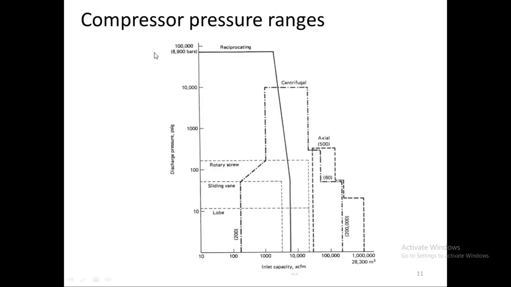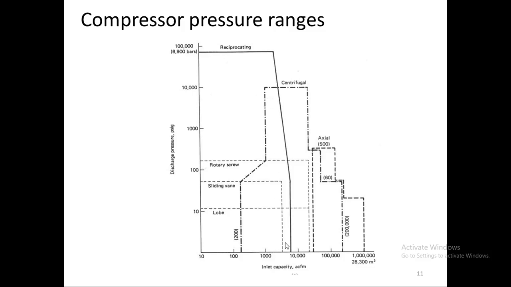And this one shows compressor pressure ranges. The vertical axis is the discharge pressure, and the horizontal axis is the inlet capacity. If you can see, the highest pressure can be generated by the reciprocating type of compressor. This line here is showing you the reciprocating compressor.